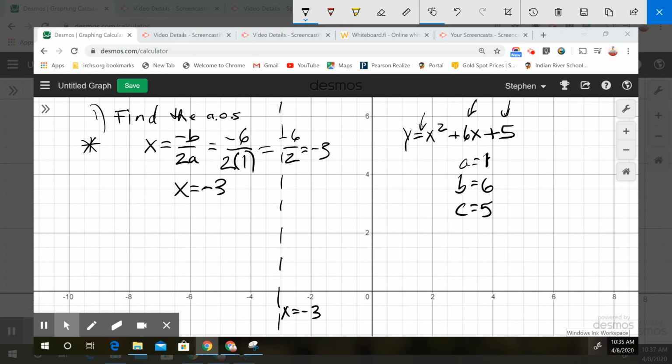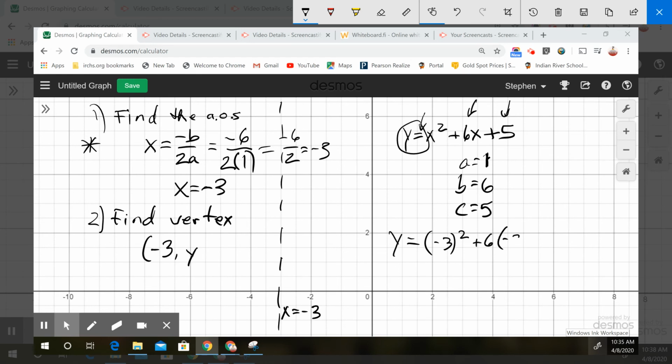What also is true is that this gives us a piece of information for the vertex, because that's what you need next. You just need to know what the y value is, and that comes from the equation y equals. So we're just going to put it right in here: negative 3 squared plus 6 times negative 3 plus 5.